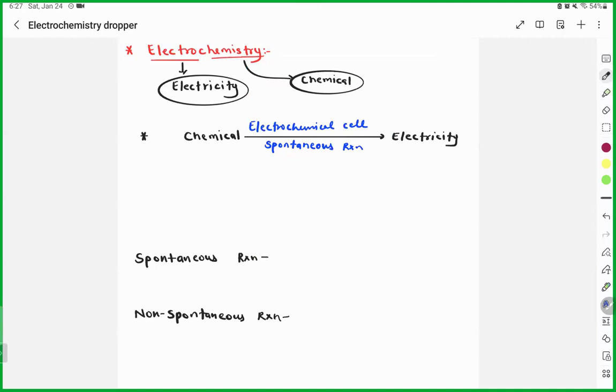Spontaneous reaction takes place by its own, without depending on anything else.